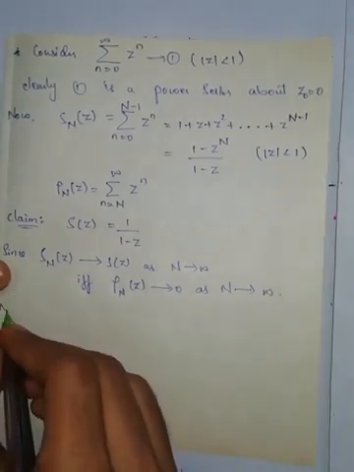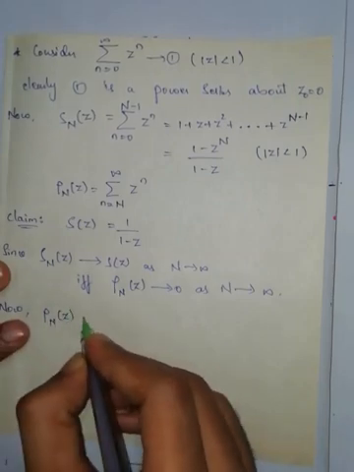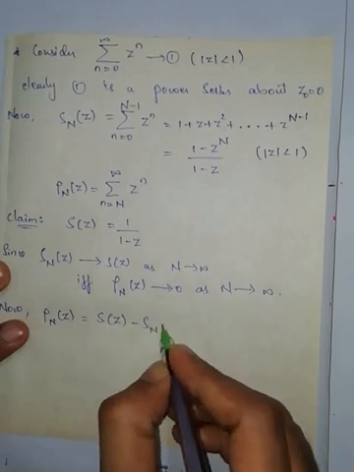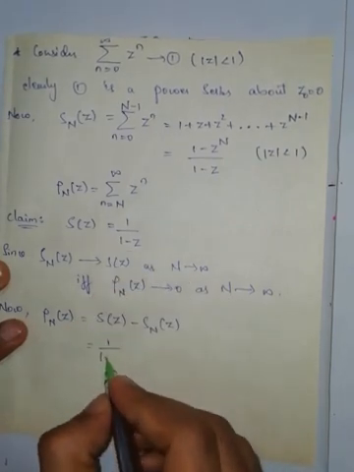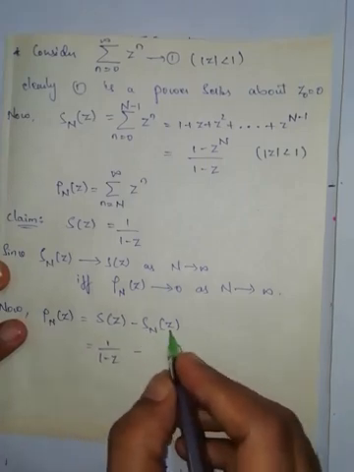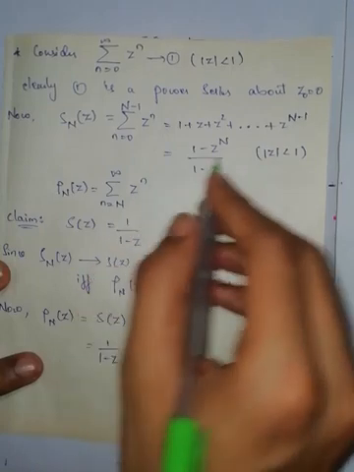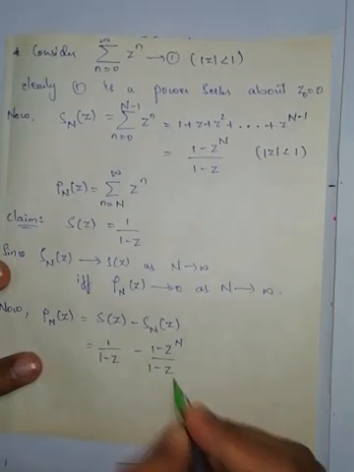Now, what is rho_n of z? Rho_n of z is S of z minus S_n of z. What is S of z? 1 by 1 minus z, minus what is S_n of z, which is (1 minus z to the power of n) by (1 minus z).